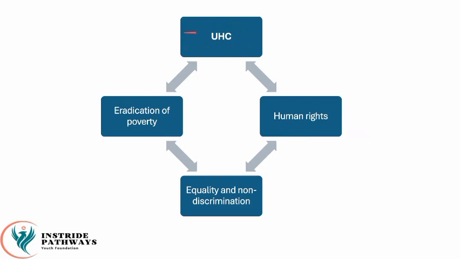So if universal health coverage is not putting you under any form of financial burden, then I feel that through that there will be some form of eradication of poverty, because you're not having to spend so much on your healthcare. If you don't spend so much on healthcare, you have much more left to spend on other parts of your life, maybe for your feeding and for your housing, and that equality and non-discrimination.